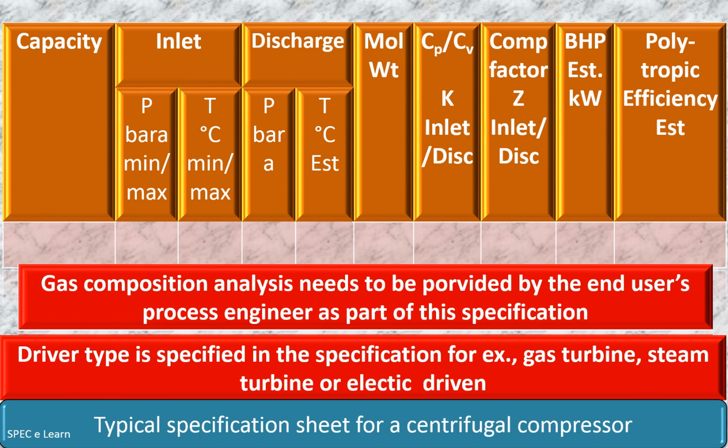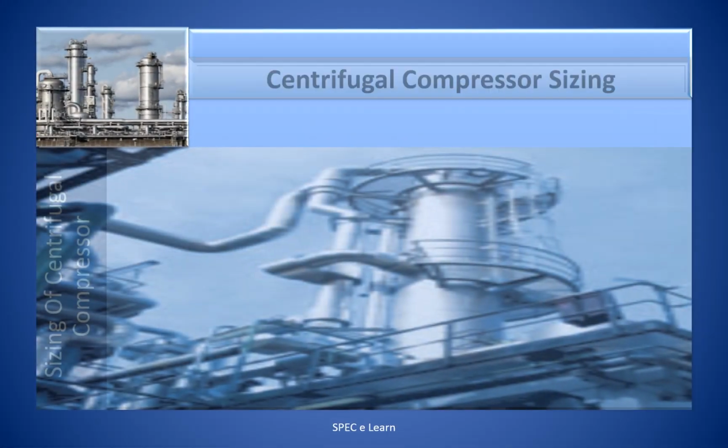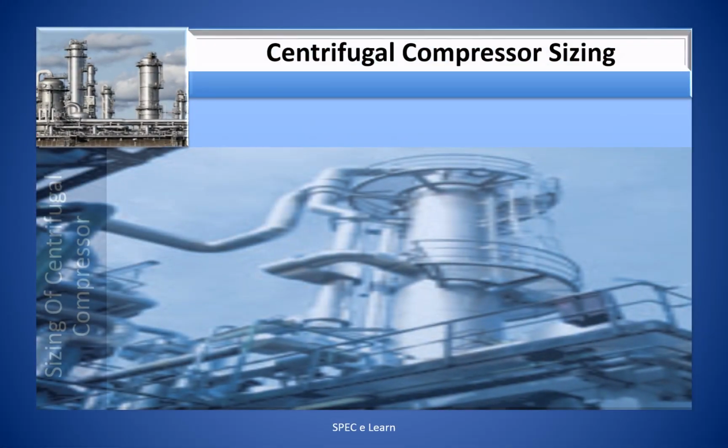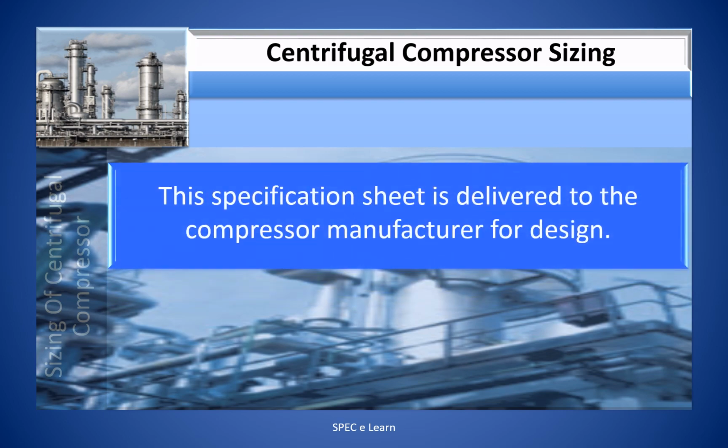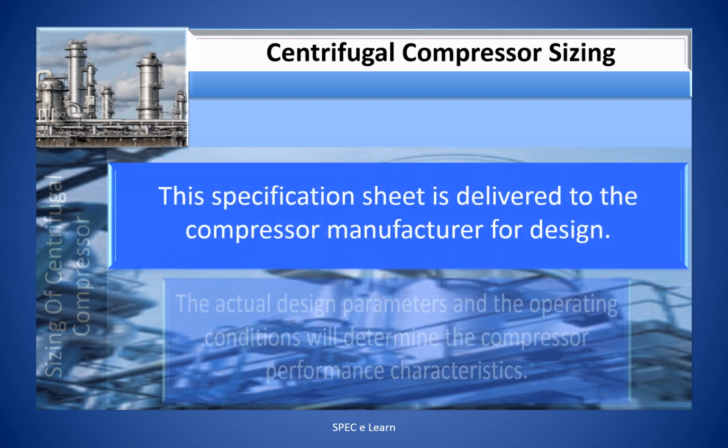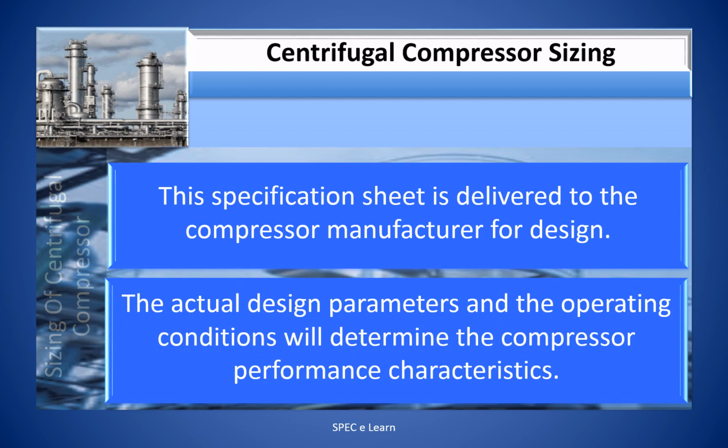The data are listed in this table. This specification sheet is delivered to the compressor manufacturer for design. Actual design parameters and the operating conditions will determine the compressor performance characteristics.